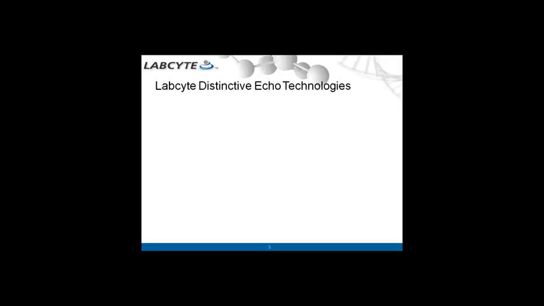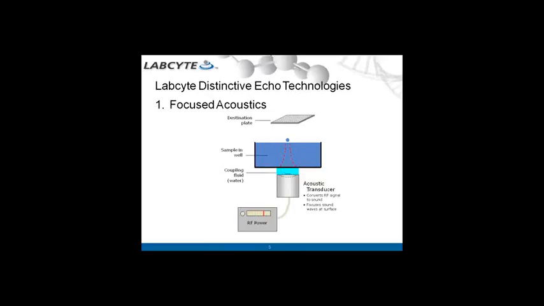Focused acoustic transfer is one of the features of Echo. Echo uses sound energy to transfer as low as 2.5 nanoliter fluid from source to destination.